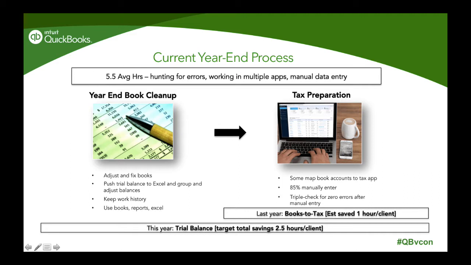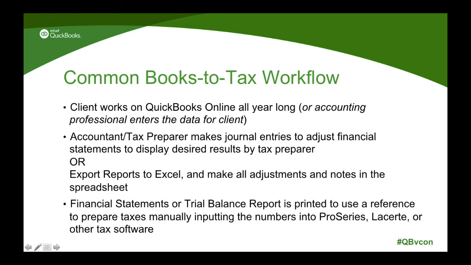So using the trial balance workflow through QuickBooks Online, and then finally the tax return into Intuit Tax Online, it has an average saving that Intuit has studied of about 2 hours per client. So that obviously translates into more profits, more efficiencies inside the practice.